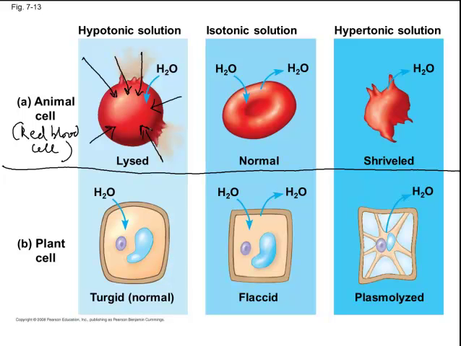On the other hand, if it is kept in a hypertonic solution, wherein the solute concentrations are high but water is low, the water goes out to try and make up for that, so it shrivels or shrinks. This is what happens to your animal cell.